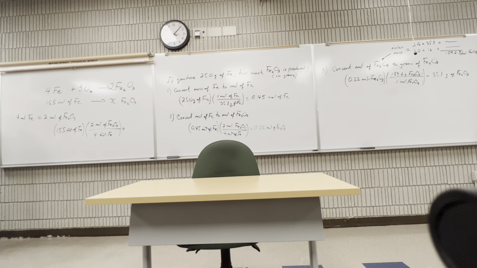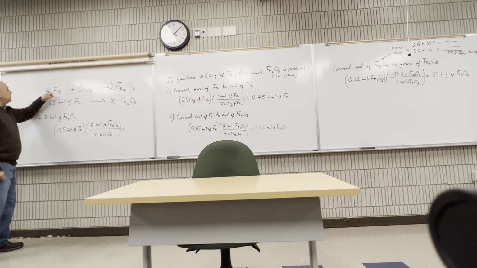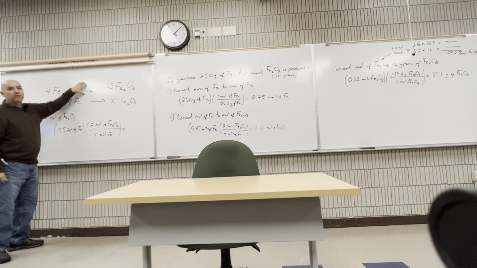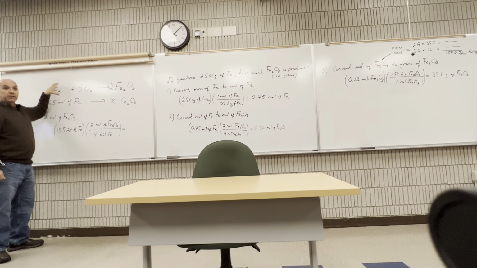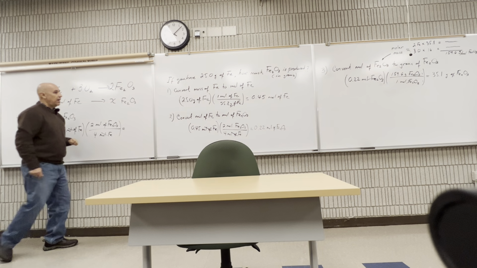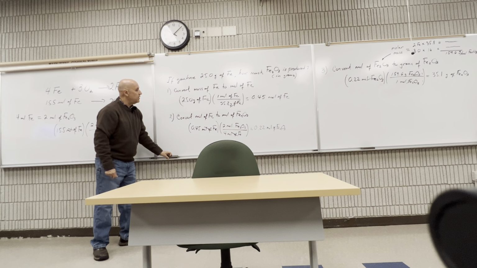What we're going to do next is talk about what happens when you may have a lot of this but not enough of that, or a lot of that but not enough of that. This idea is called the limiting reagent.